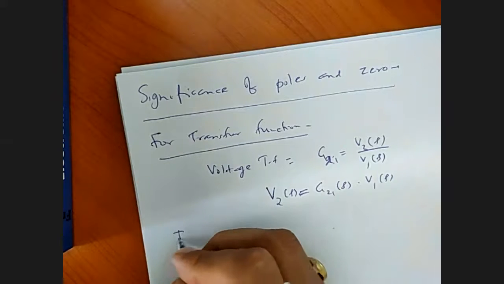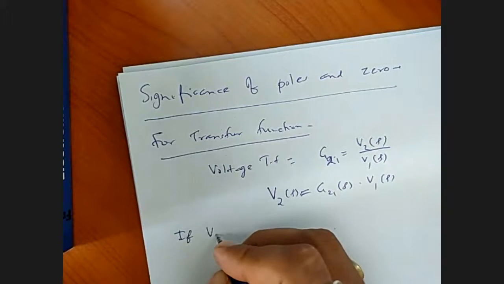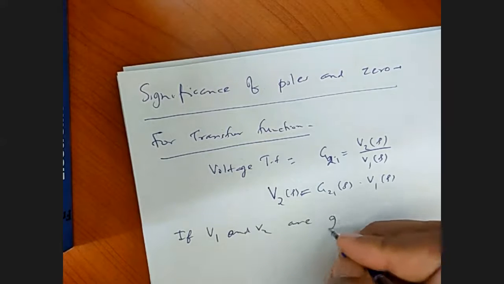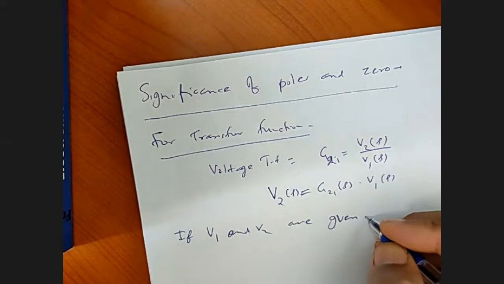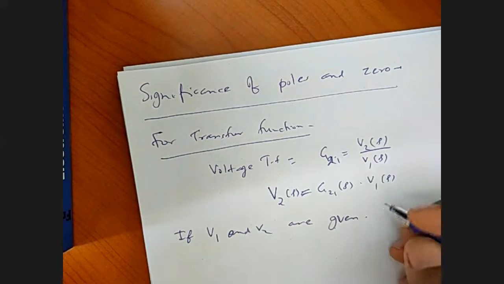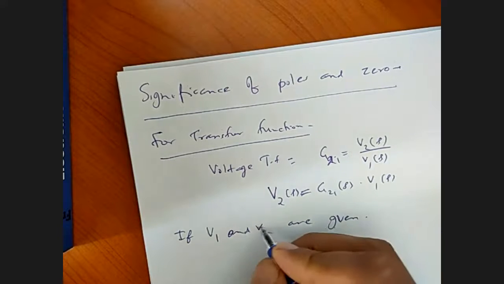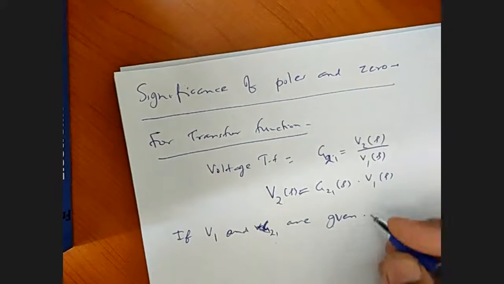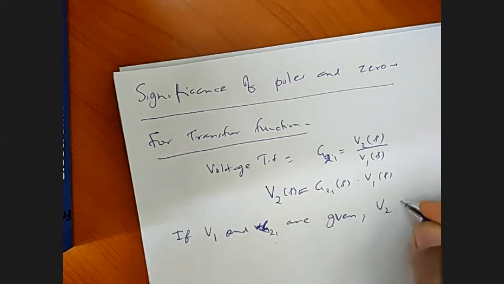So if V1 and G21 are given, we can find V2.